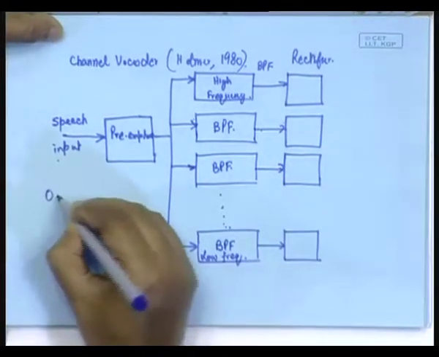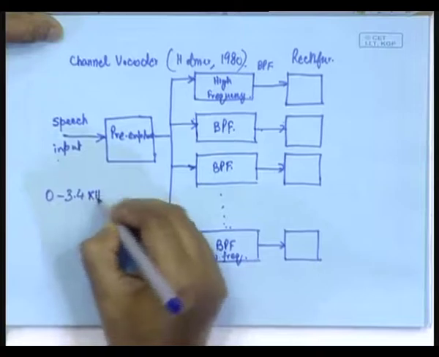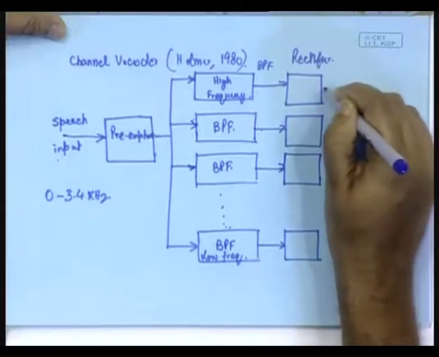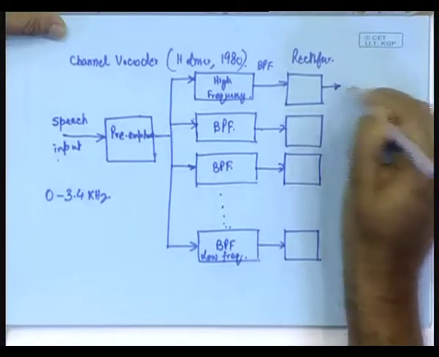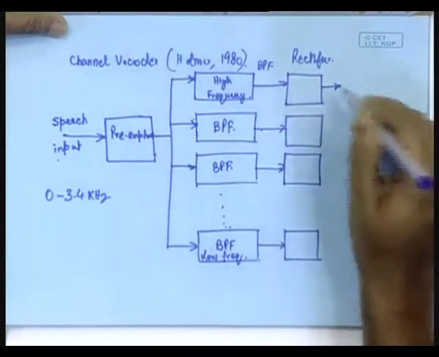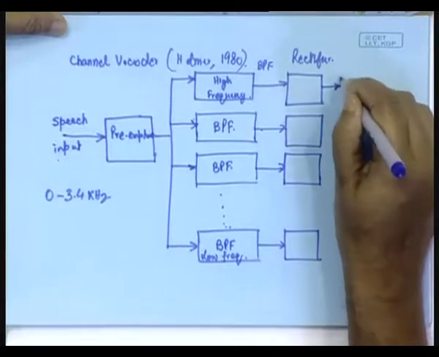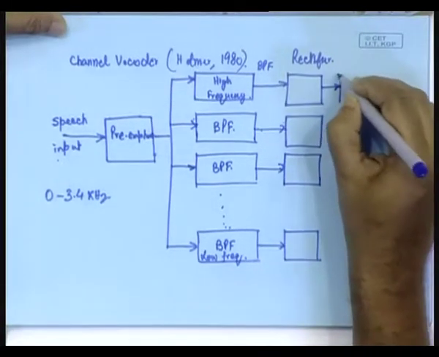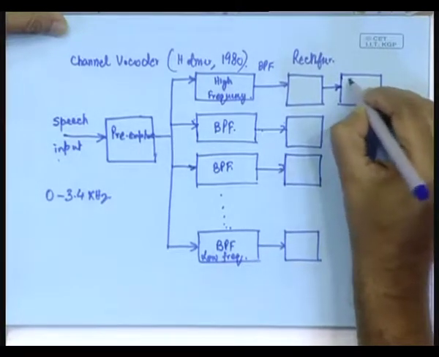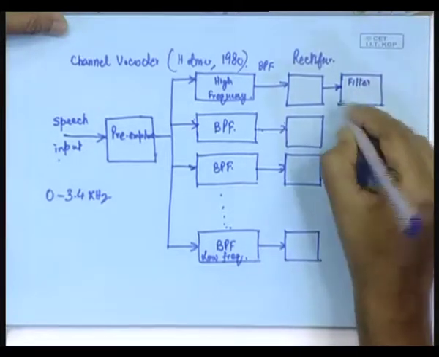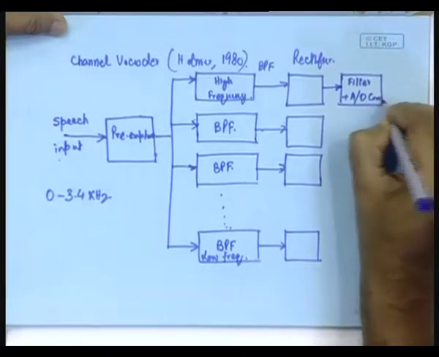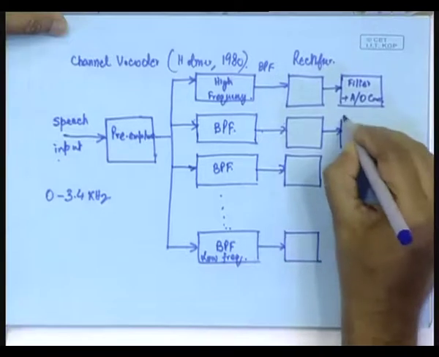In the range of 0 to 3.4 kilohertz, we will have a bank of such filters, and every filter's energy will be computed. Till now everything is analog, but after the rectifier we have to use a smoothening filter and then an A to D converter. I am writing here filter plus A to D converter, and we have to do that for all these channels.